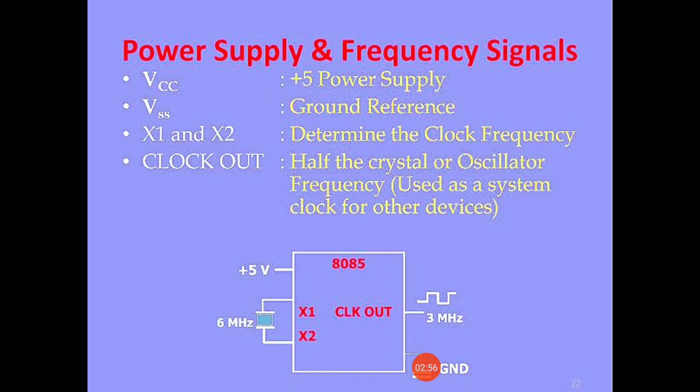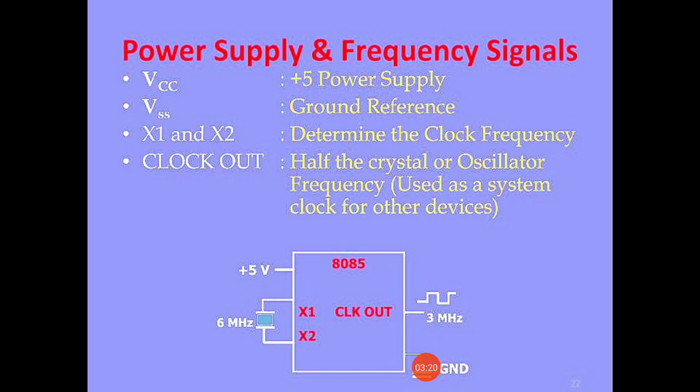So, in short, X1 and X2 are the terminals to be connected to an external crystal oscillator which drives an internal circuitry of the microprocessor to produce a suitable clock for the operation of the microprocessor.